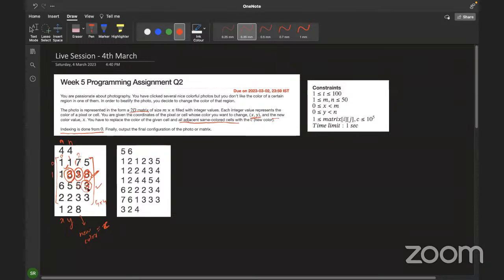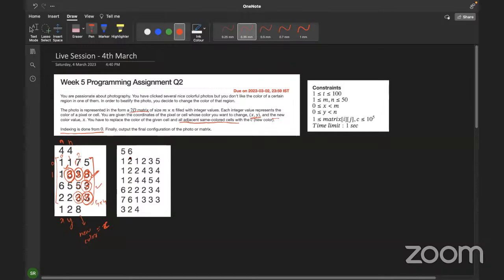We'll look at the adjacent cells and find that this color needs to change. We'll change it to 8. Then for this one also, we'll repeat the same process and change the color of this 3 to 8. So in total, in this matrix, we have to change the color of these 6 cells from 3 to 8.